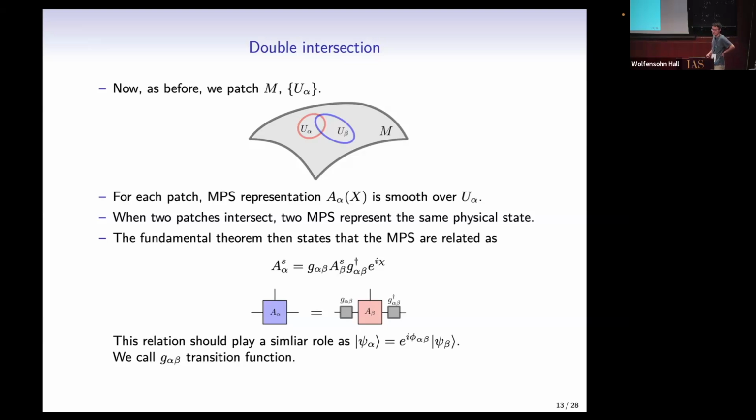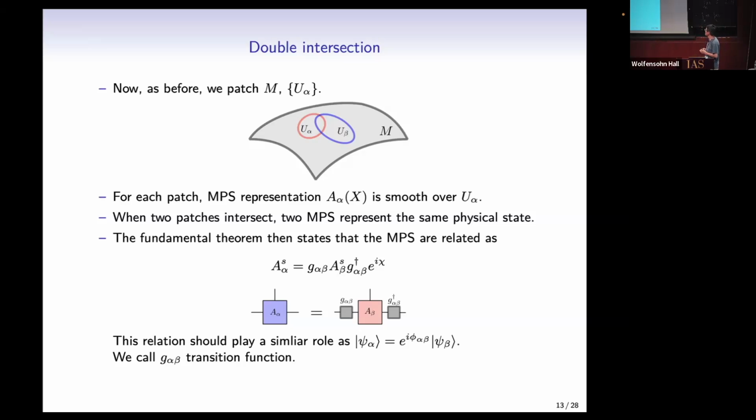As before, we did it for the Berry phase as well, but we can also consider a similar thing here. So if two patches intersect, I have two representations of the physical state with different matrix product state representations. So A alpha and A beta. And then they represent the same physical state, but they may look different. They may be different matrices.